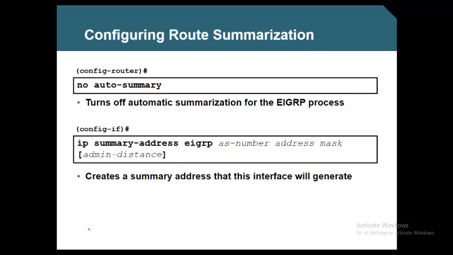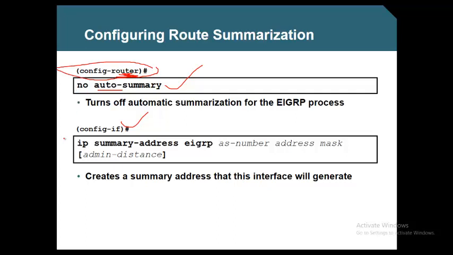So how do we configure summarization? I was talking about auto summarization, which is global. So you go under router EIGRP. See the mode here? It's router mode. You enable this command. It will summarize to classful boundaries. But if you go under the interface and do summarization, which we call manual summarization, the command is not the same.